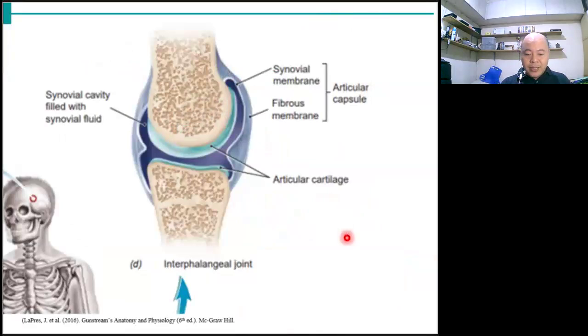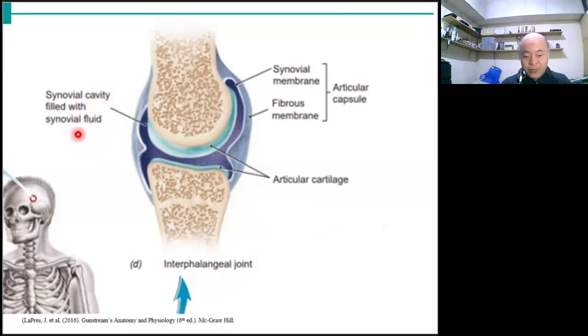Now we have this assembly. It's a type of synovial joint, the interphalangeal joint, between your fingers. So we have a cavity, called the synovial cavity, and then we have the fluid that lubricates the joint.